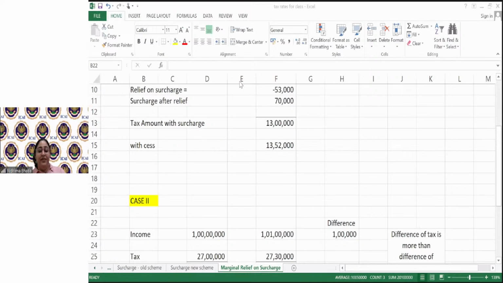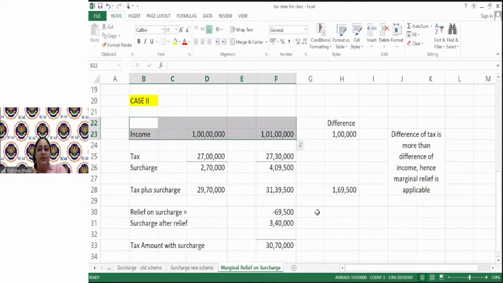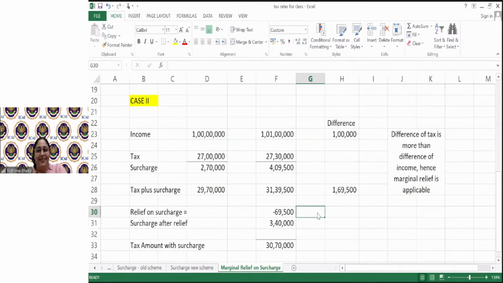If someone has given the right answer on what is the marginal relief, I would be very happy. And the first person to give the correct answer is, I know यहाँ पे कहाँ गलती करी होगी. There is marginal relief on new scheme and old scheme, सब पे है.